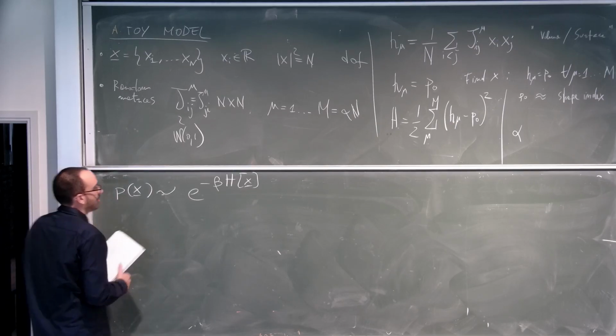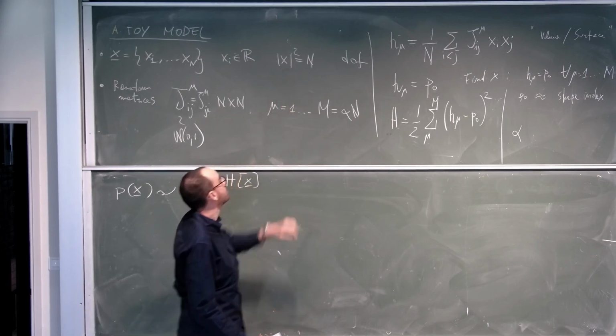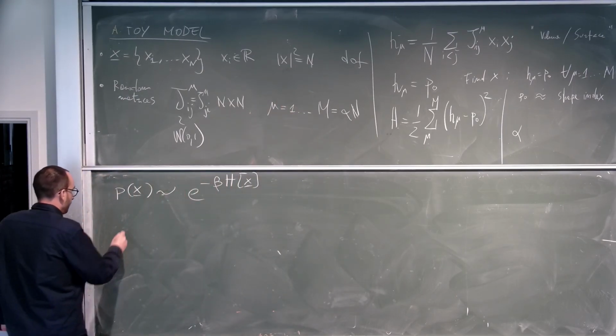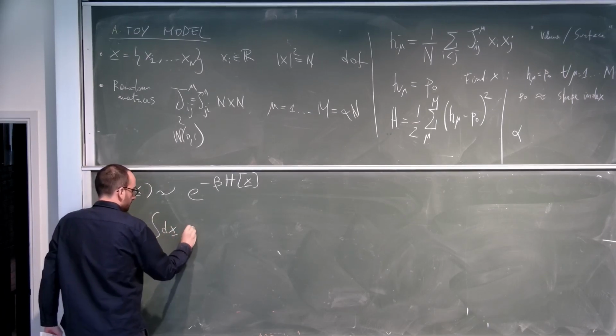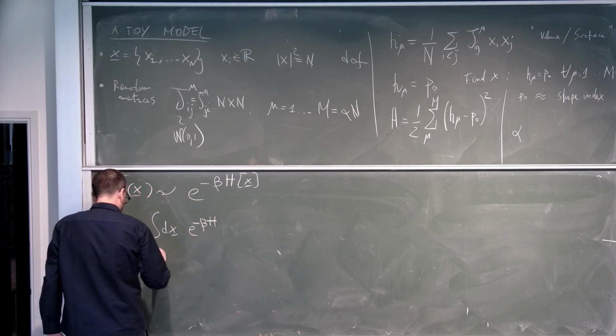So this is the Gibbs measure over the sphere. Remember that I put this constraint. I can define some partition function and define the free energy.